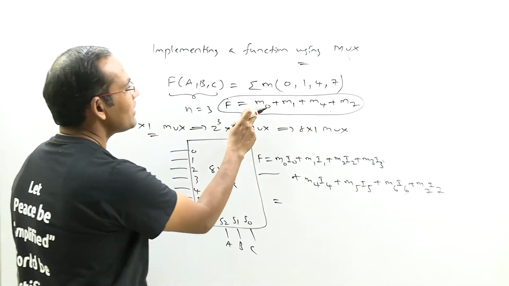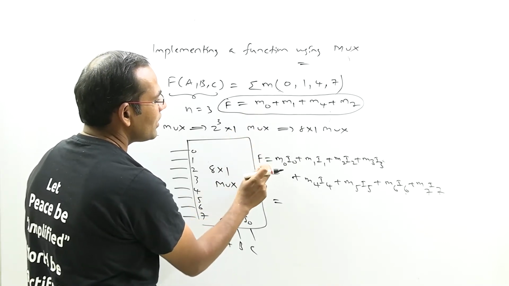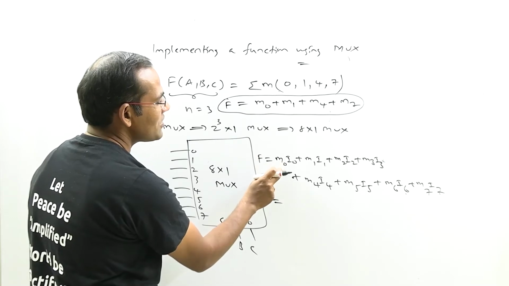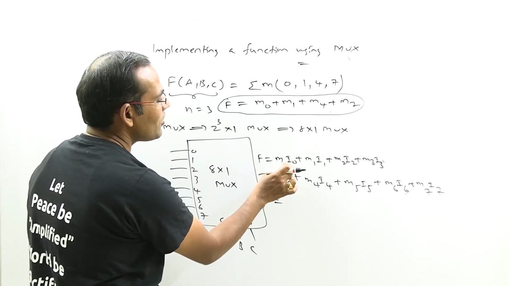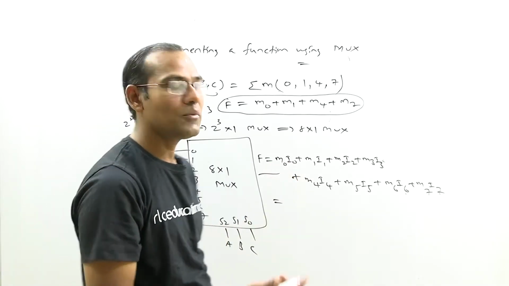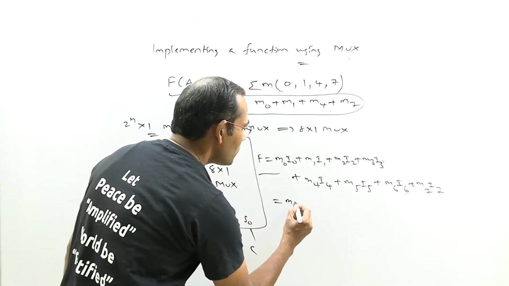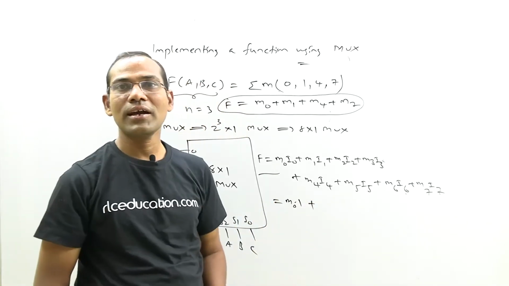So here I need M0. That means whenever I0 is 1, it will be M0 into 1, so M0 will come.